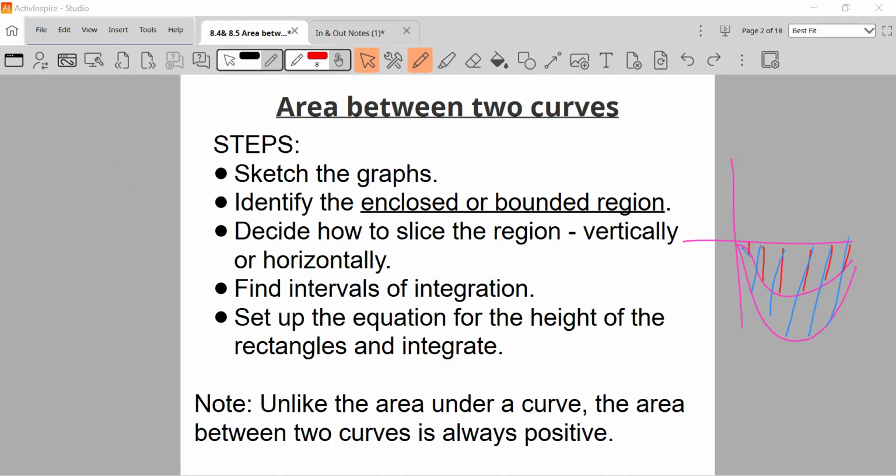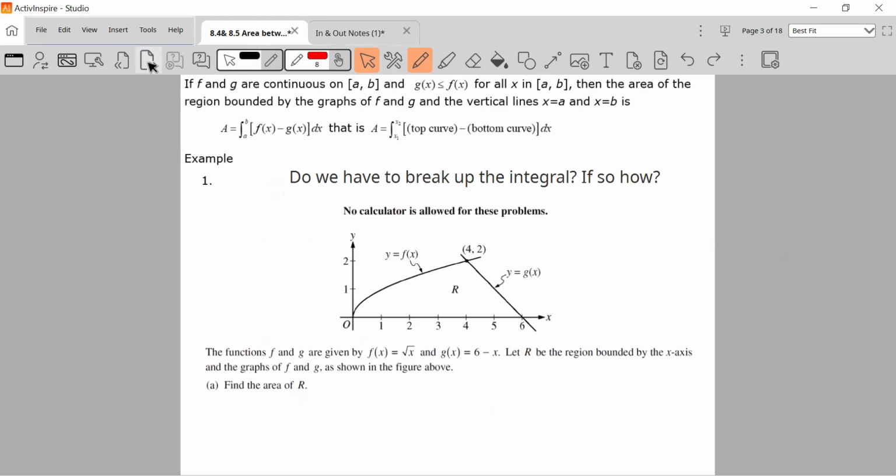So even though this bounded region would have a negative area, we're subtracting the negative area, thus creating a positive area. Okay? So we need to first figure out, are we dealing with this as a vertical or horizontal? Most of the problems we're going to deal with today will be vertical, and then we'll move our way to horizontal. So top curve minus bottom curve, but sometimes we're also going to have to break it up.